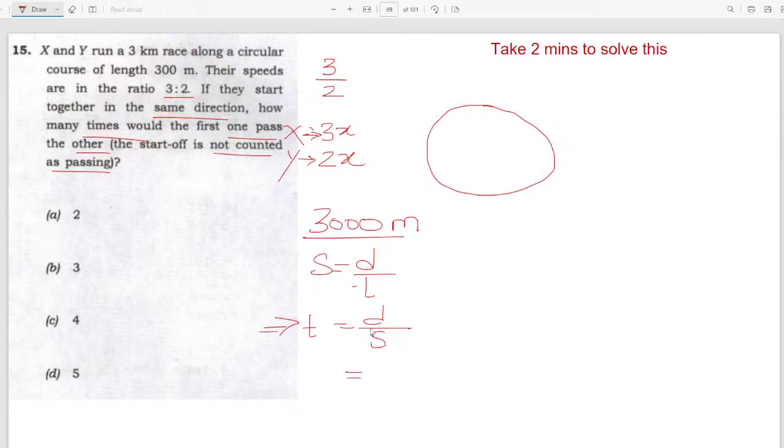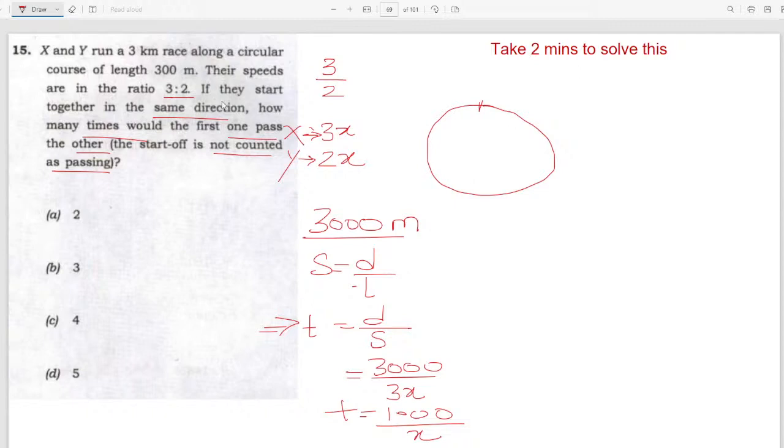The distance is 3000 meters, divided by speed 3x. So this is 1000 by x. This is the time taken by X to complete the race.